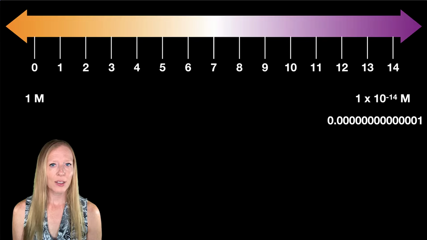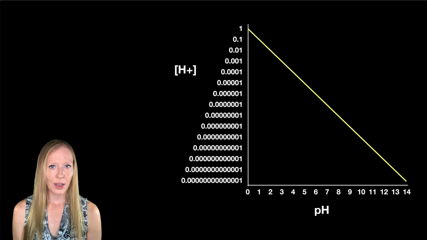Here we're graphing pH by hydrogen ion concentration. And now notice that we can show the inverse relationship between these two values in a manageable and linear way. We do this for other numbers that vary super widely as well, not just for pH. For example, the Richter scale to measure earthquakes is also a logarithmic scale where every number represents a tenfold difference.